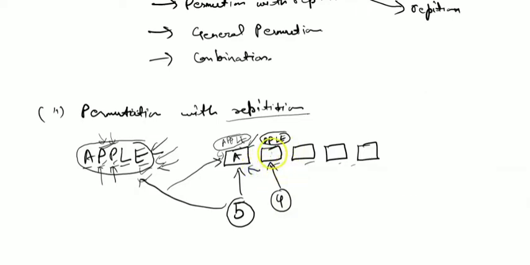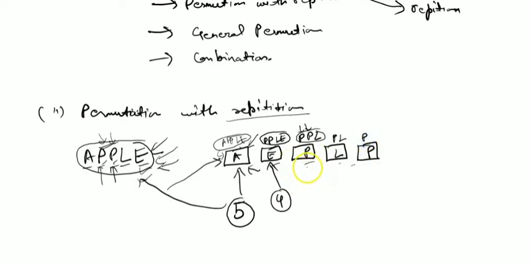So let's say I fill the second slot with E. Now there are only 3 choices for the third slot because the first and second slot have already been filled, and the 3 choices that are available for the third slot are P, P, L. Remember that P has been repeated twice, and that's why let's say I filled this one with P, and now for the fourth slot I have only P and L, and let's say I fill it with L and the last one with P, because for the last one there's only one choice.